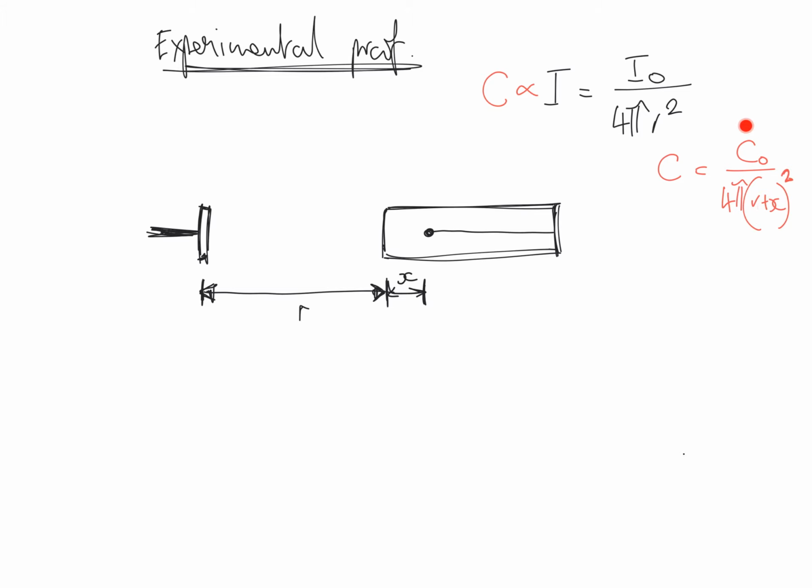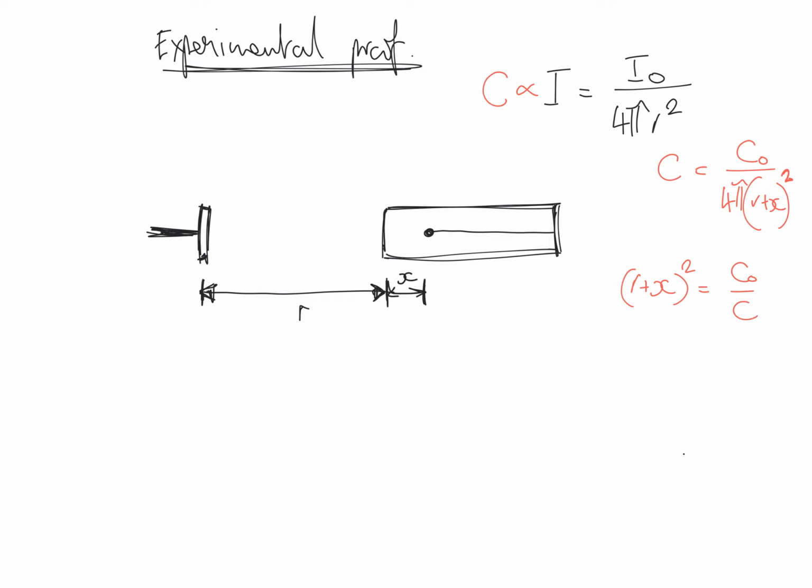Now this relationship doesn't look the easiest one to plot in order to get the equation of a straight line, so let's do some rearrangement if we can. Let's move the (r plus x) squared up here and that down to there, and that gives me c naught over c.